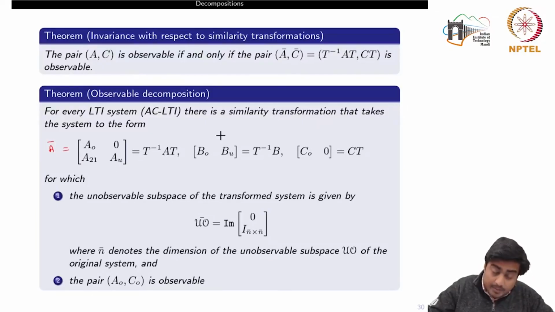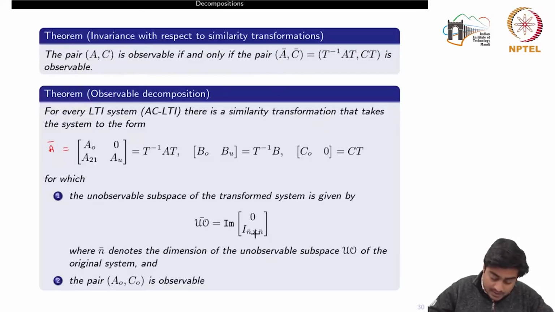Again I define the transformed B matrix and similarly the transformed C matrix, for which the unobservable subspace of the transformed system is now given by U_O bar, which is equivalent to the image of 0 and the identity matrix of dimension n bar.